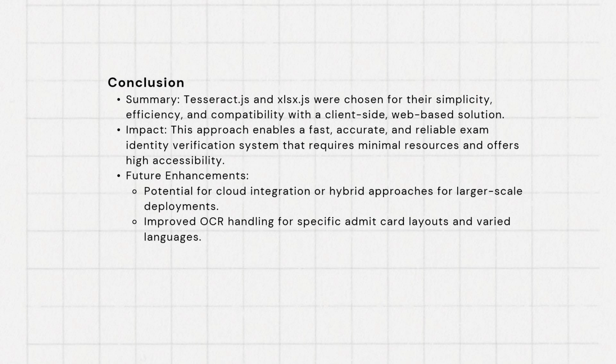Impact: this approach enables a fast, accurate, and reliable exam identity verification system that requires minimal resources and offers high accessibility. Future enhancements: potential for cloud integration or hybrid approaches for larger scale deployments, and improved OCR handling for specific admit card layouts and variant languages.